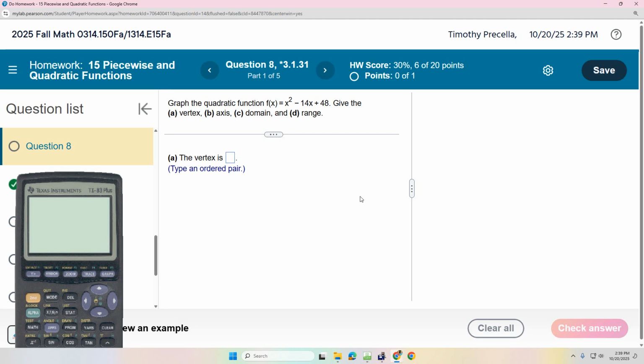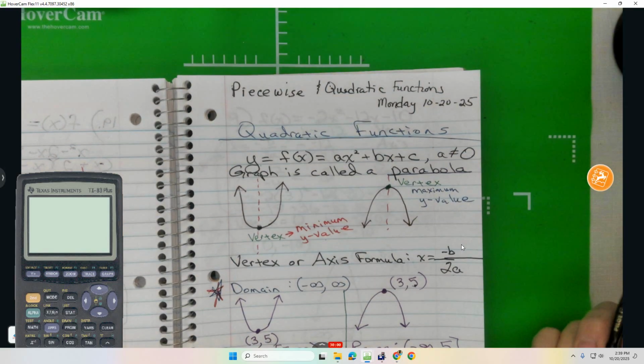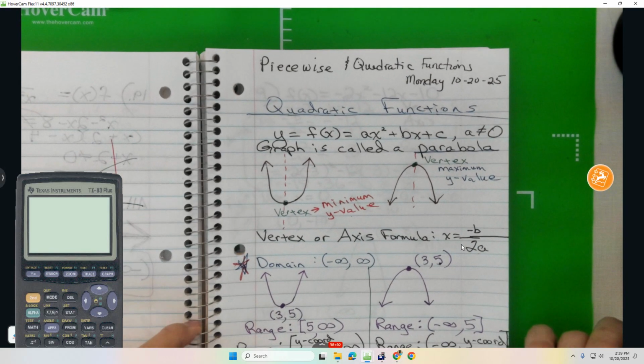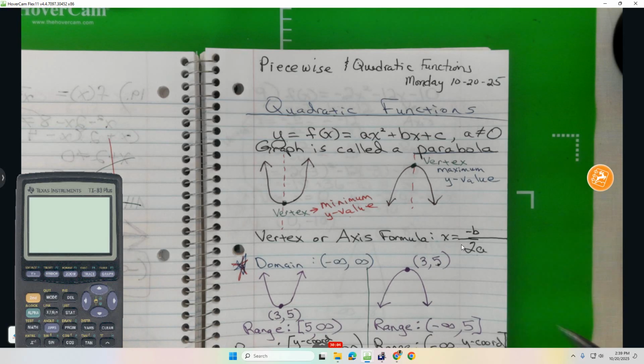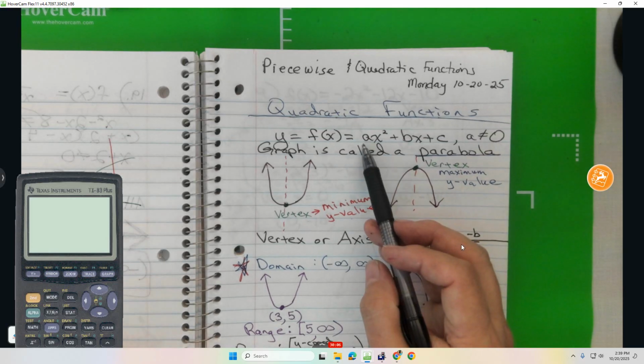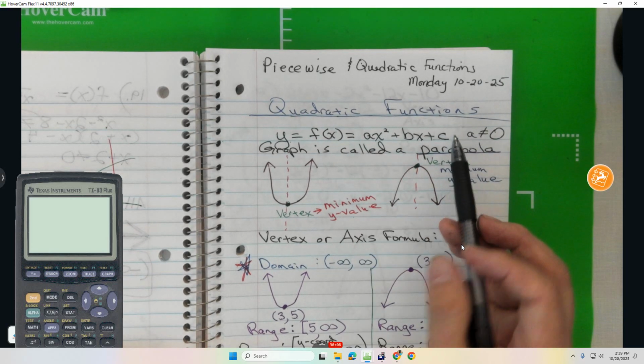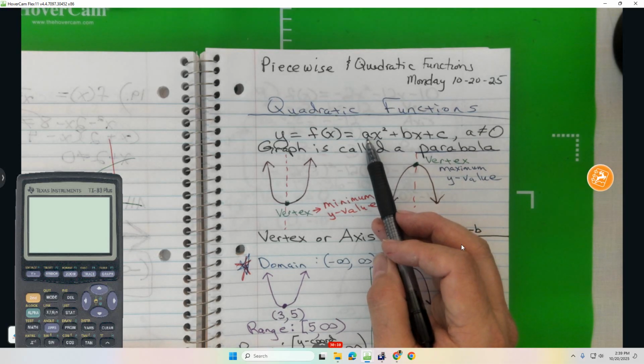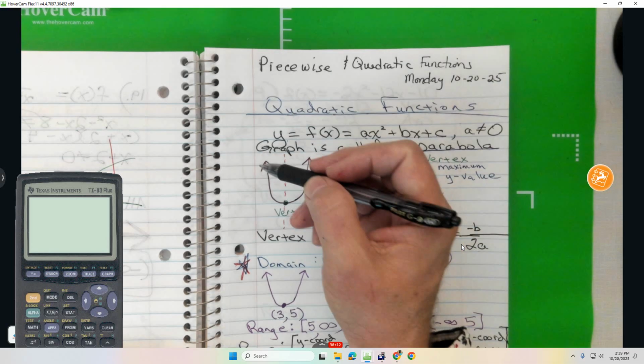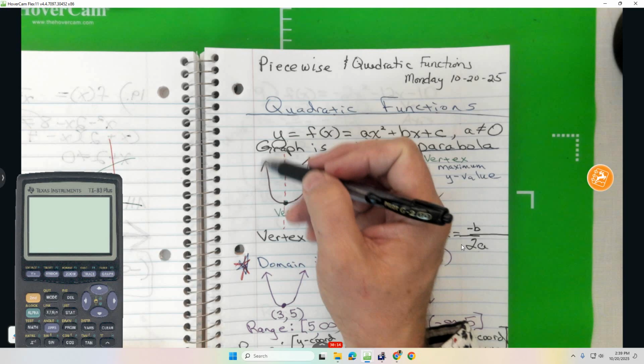Before we go on, I want to make an observation that I didn't make earlier. It's not as relevant anymore now that we have the graphing tool, but still. When you look at your quadratic function, if your leading coefficient is positive, so a is greater than 0, then you should expect the parabola to always open upward.